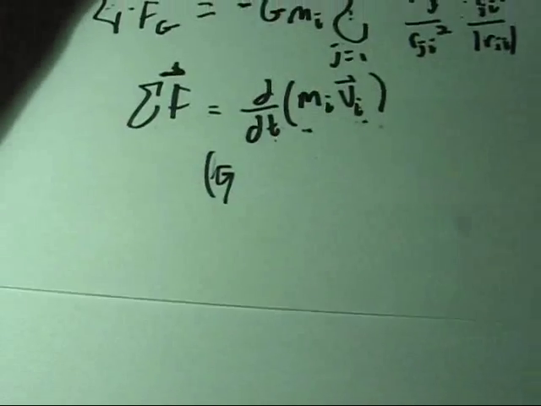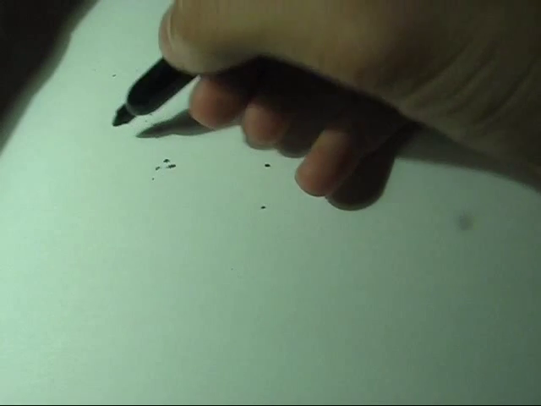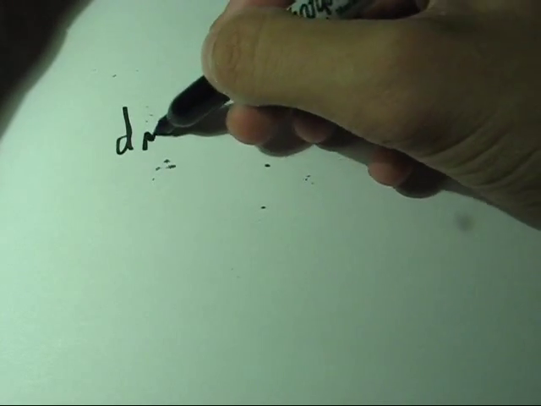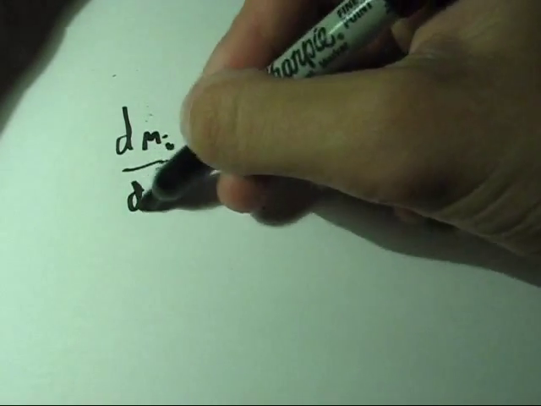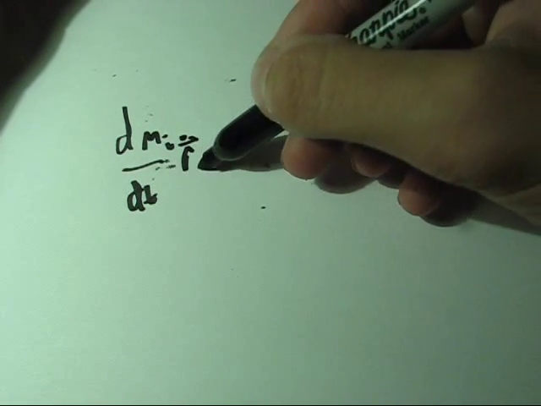And so basically, when you expand this out, what you get, if you know calculus, which I hope you do, is dmi/dt times r dot i.